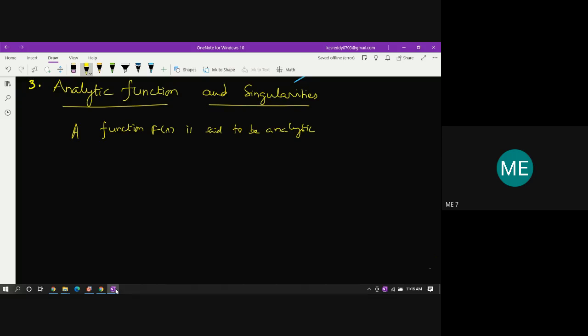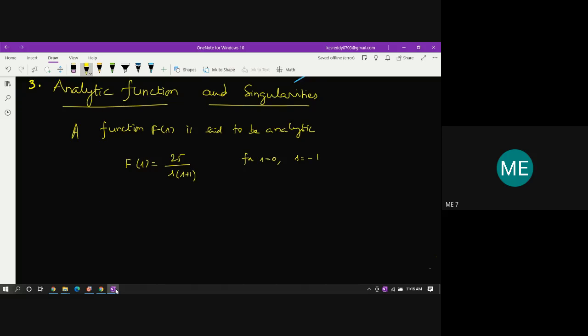If you take the example f of s is equal to 25 by s into s plus 1, then for s equal to 0 and s equal to minus 1, this function will give infinity.